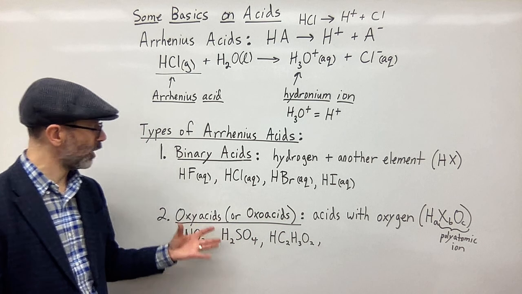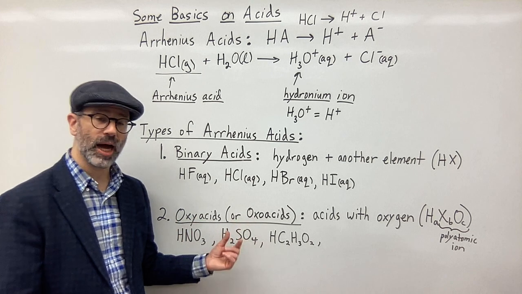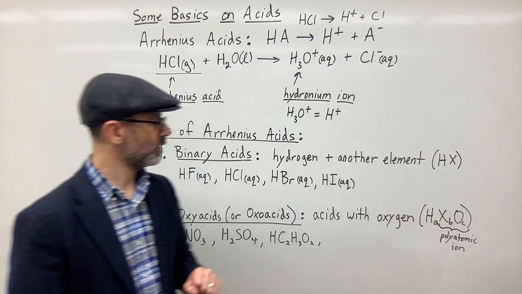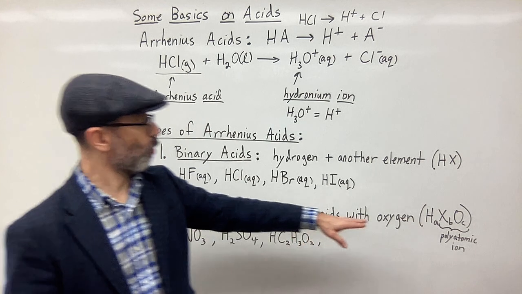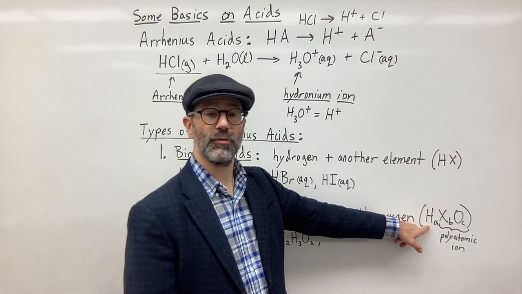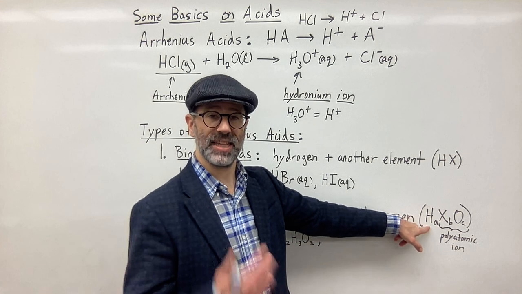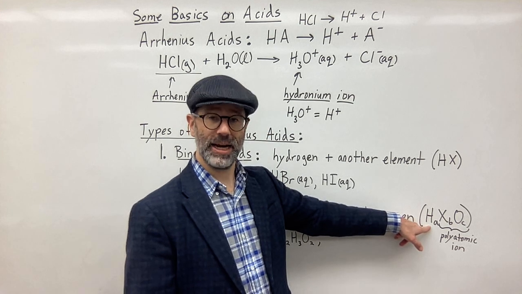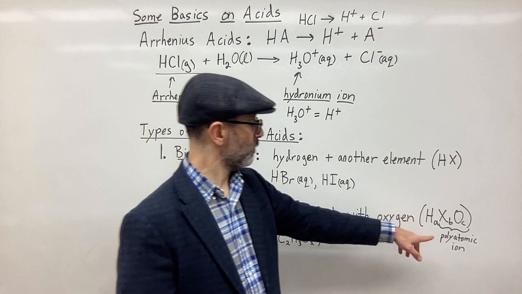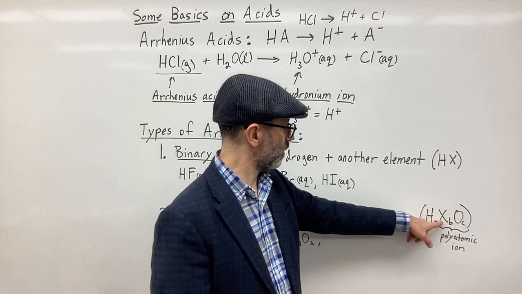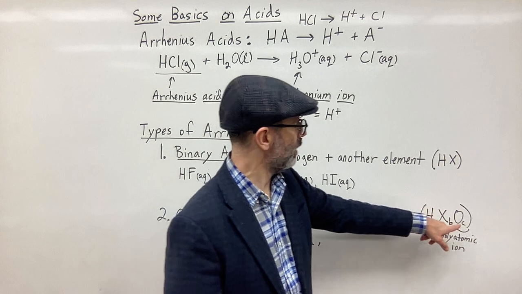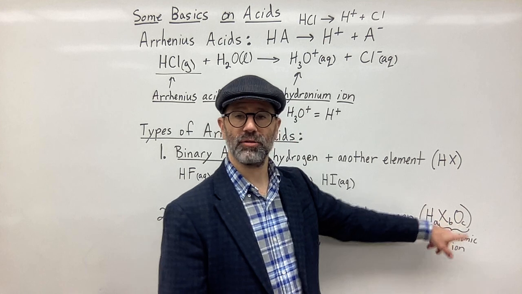The idea here, as the name kind of implies, is that these are going to be acids that have oxygen in them. And they have the formula of, again, the acidic hydrogen is written first. So you got a certain number of hydrogens here, HA, with some element, you got a certain number of this other element, whatever that is. And then you've got a certain number of oxygens.